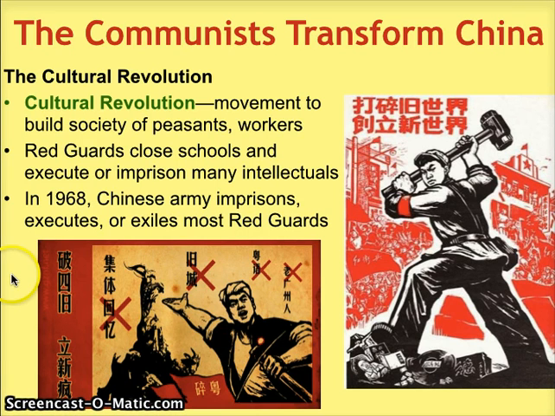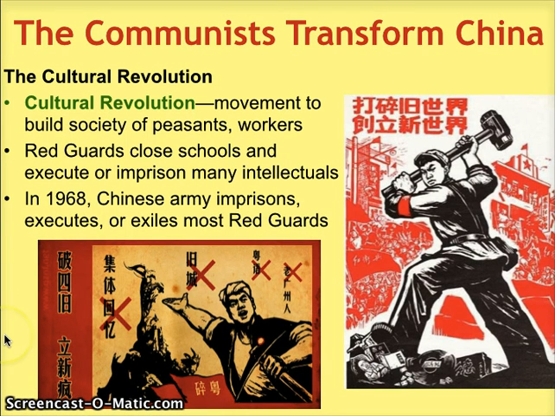So the Red Guards are targeting schools and universities, and they'll imprison anyone who they think is an intellectual or someone who is educated. In 1968, the Chinese army imprisons and executes or exiles most of the Red Guards. So the people who started this revolution end up being executed about 15 years later.